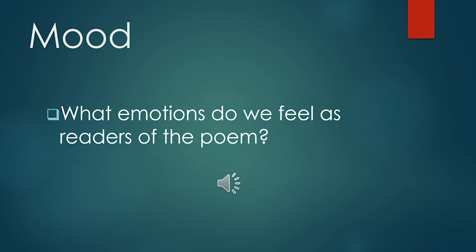Now, the tone should create the mood. Okay? So if the poet is successful in what they are trying to achieve, they will show their attitude to us, and then that will dictate our mood. Okay? If the poet is successful, we should share the same tone as the mood.